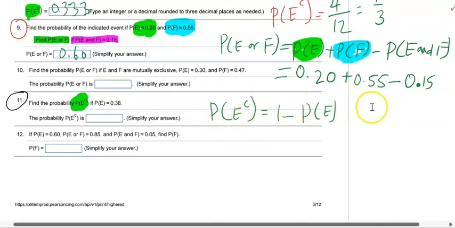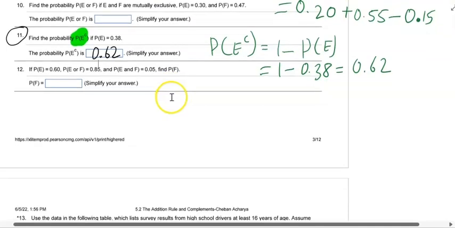You have 1 minus probability of E, which is 0.38. You subtract 0.38 from 1, you get 0.62, and the probability of E complement is 0.62.